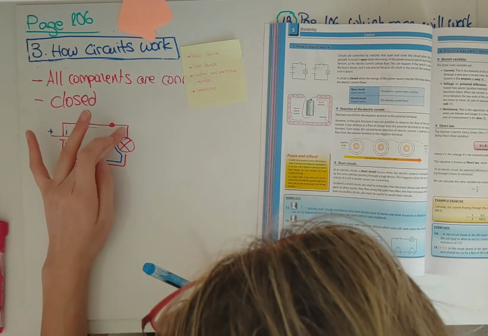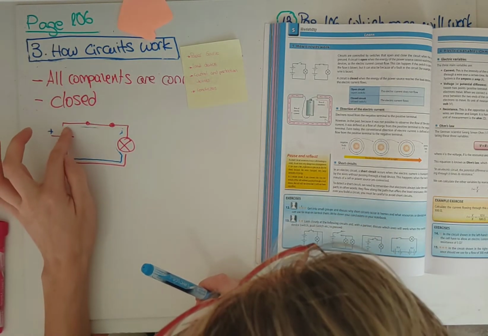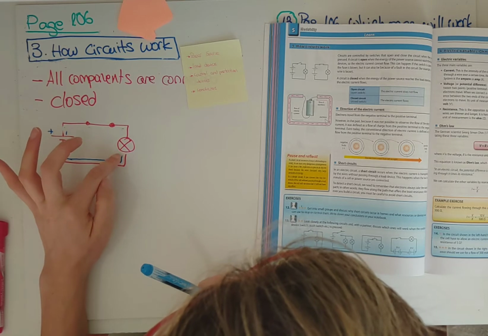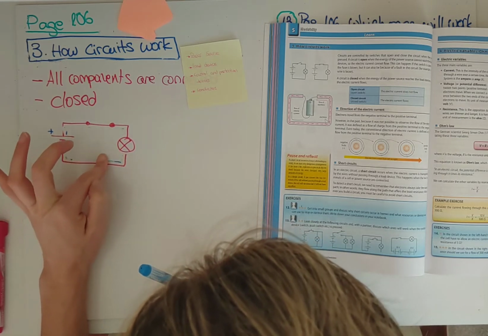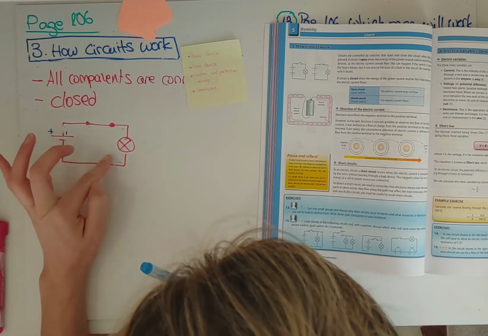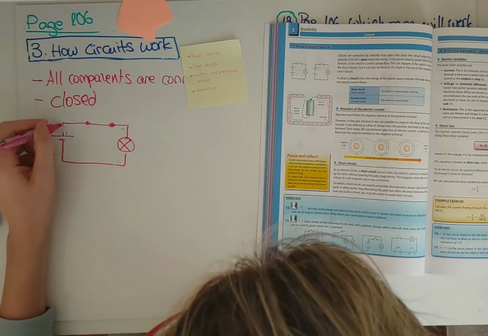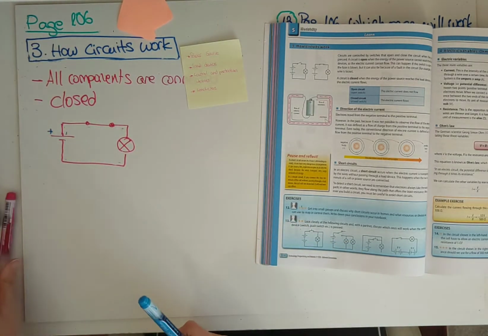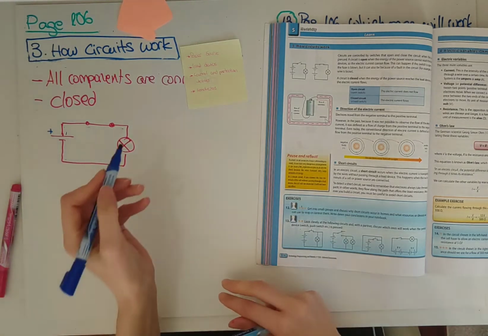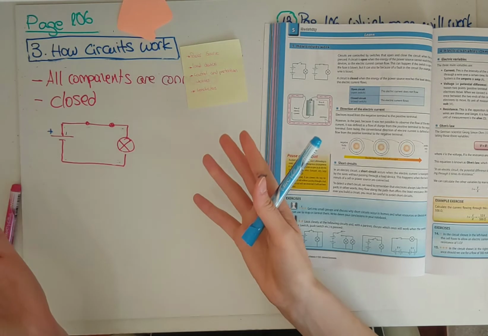There are three possibilities for a circuit to be open. The first one and the simplest one is if I turn off the lamp.